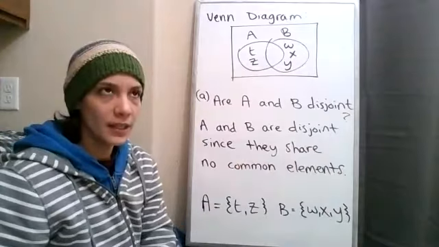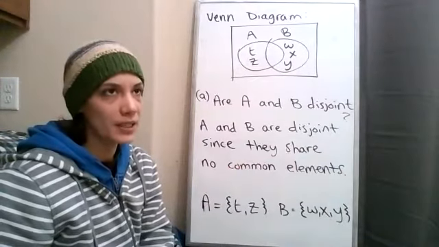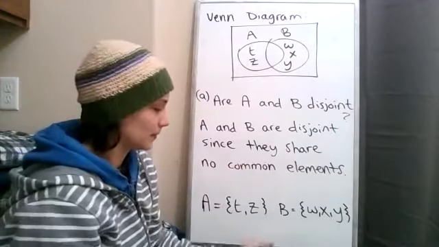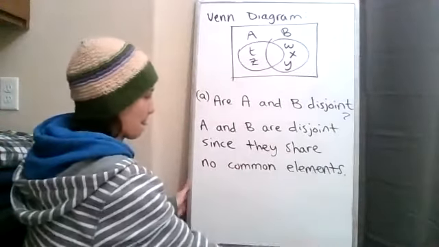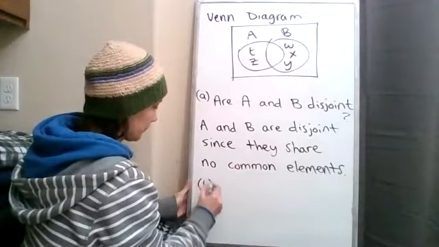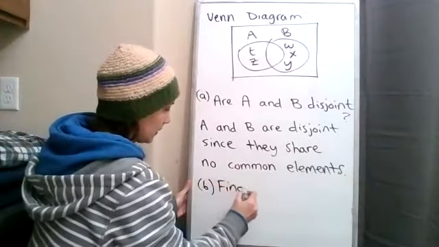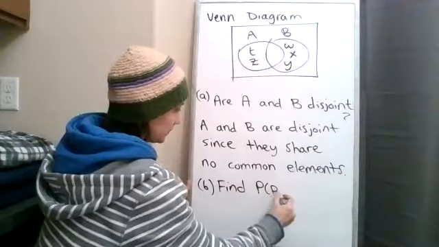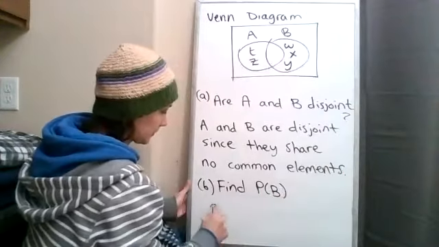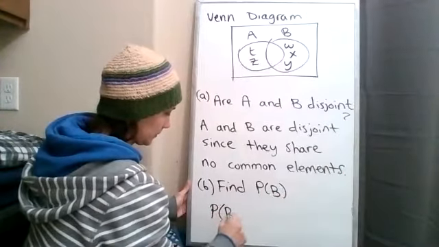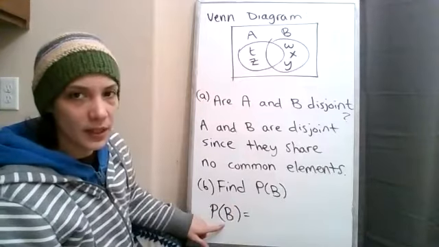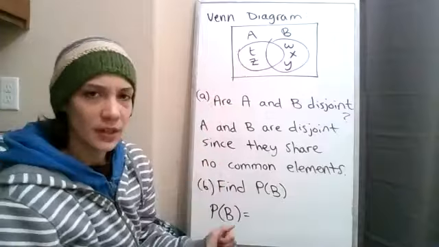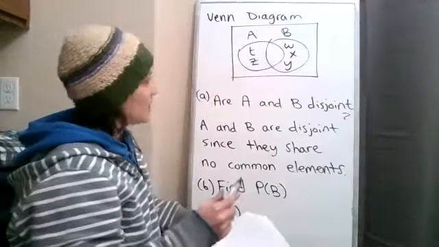Let's find the probability of B. Oh, I need my other elements. Oops.